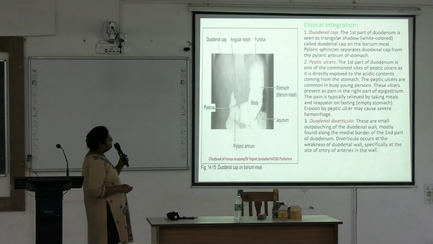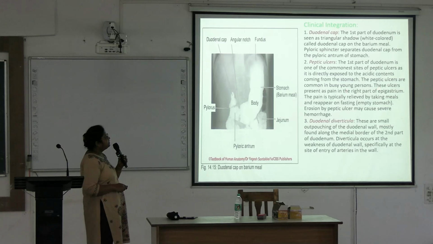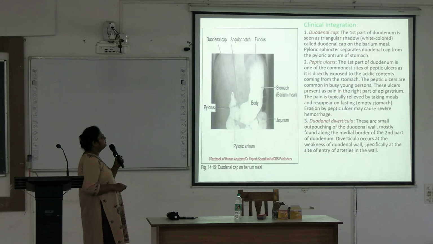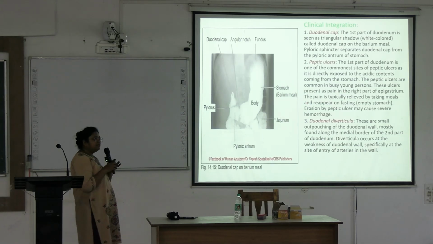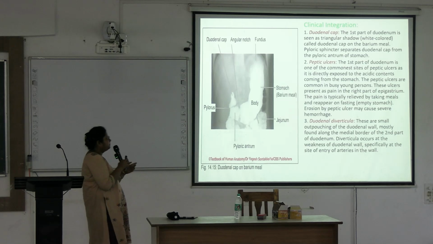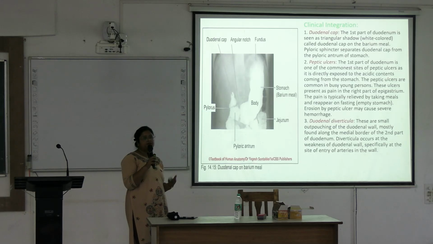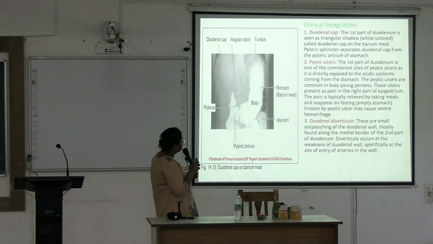Peptic ulcers are common in busy young people. The ulcer presents as pain in the right part of the epigastrium, and the pain is typically relieved by taking meals and reappears on fasting. So that's why persons having peptic ulcer gain weight. To relieve pain they eat frequently and gain weight.